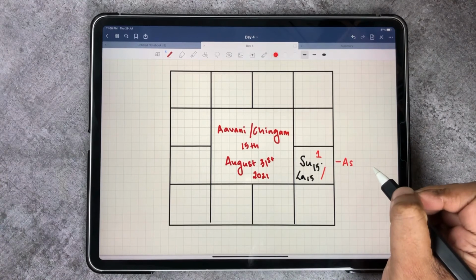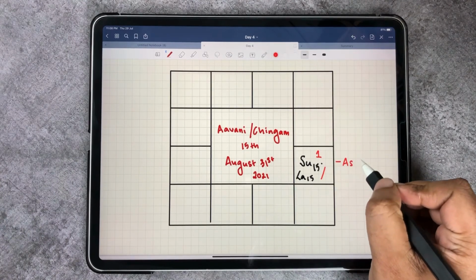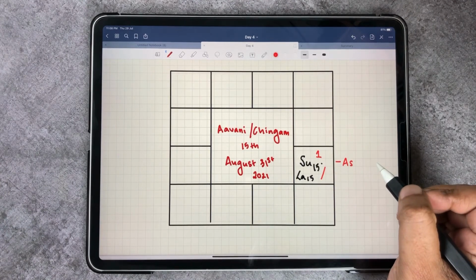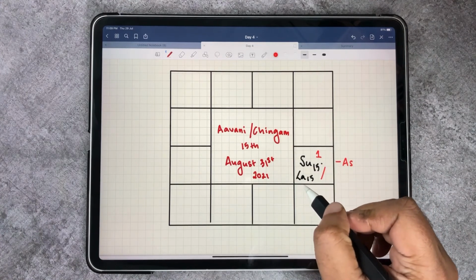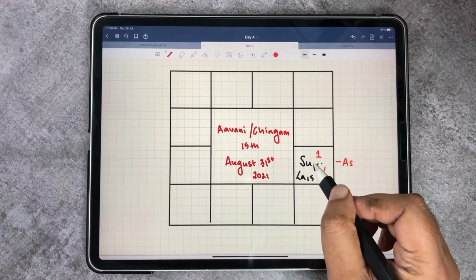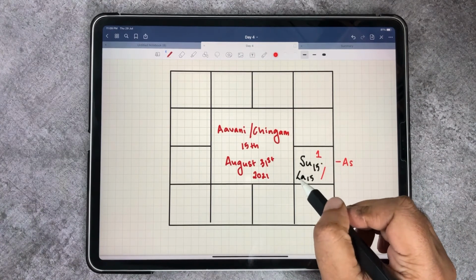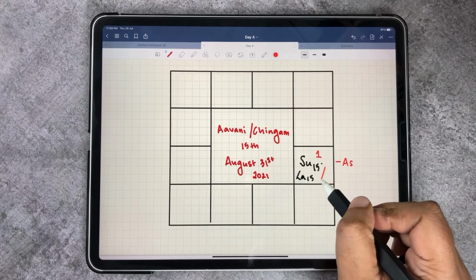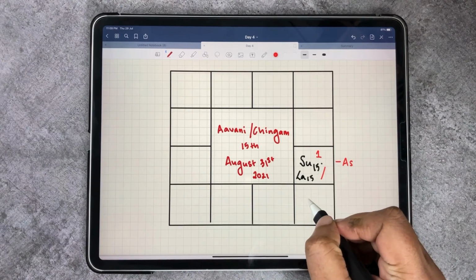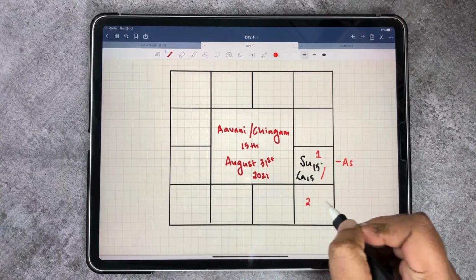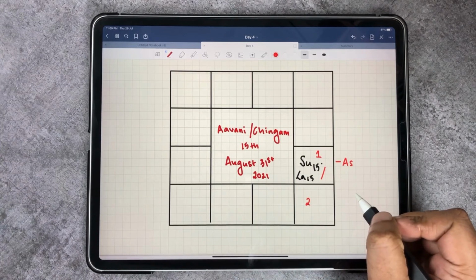It would also be used as an ascendant or an abbreviated form of the ascendant. So we would base all the calculation on this point called as Lagnam, and this Rashi here would be called as the first house. The next would be called as the second house or the second bhava.